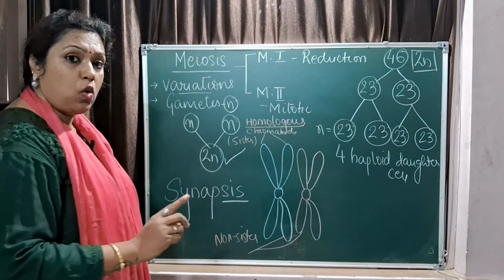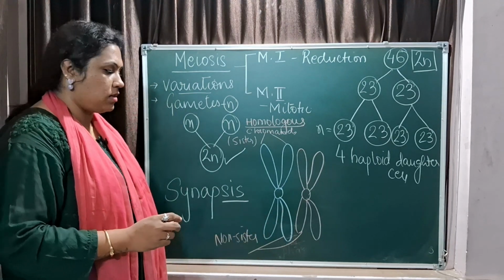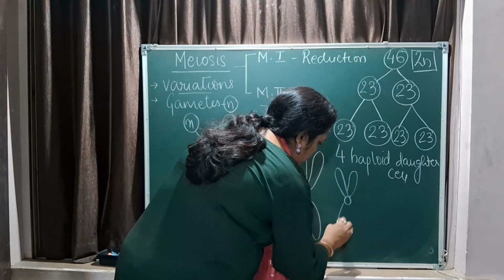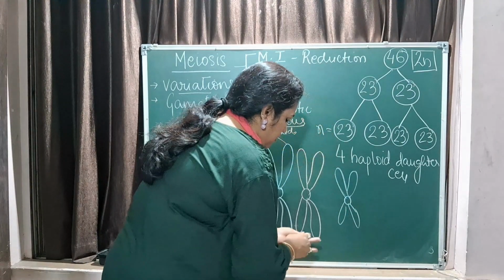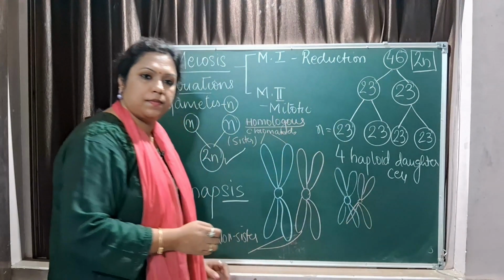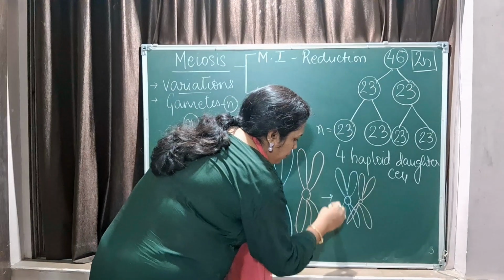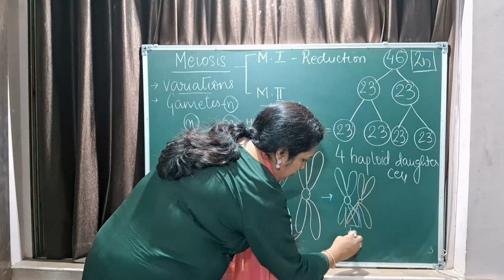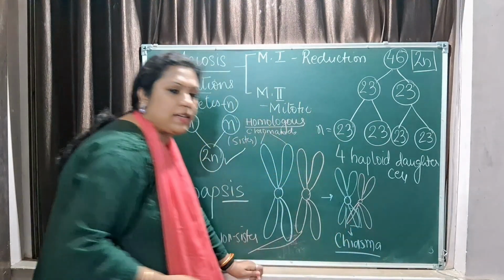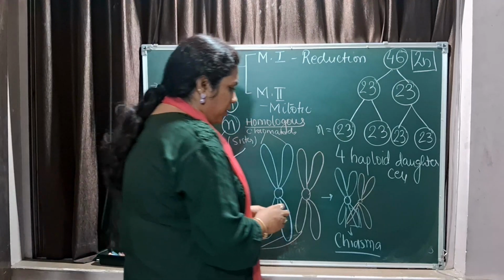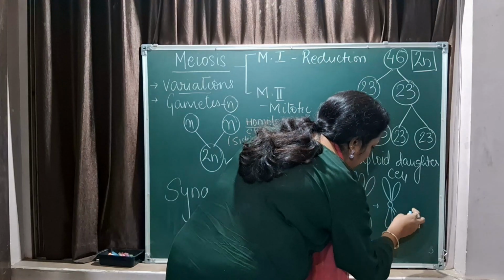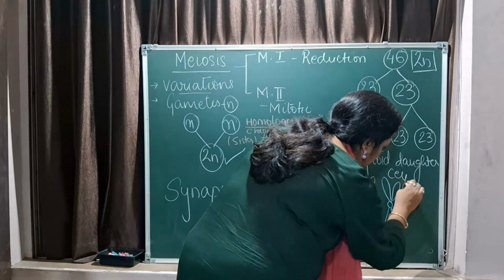Crossing over takes place between the non-sister chromatids. Now, what happens? You can see this chromosome and the other one will have an X-shaped formation. This X shape is called chiasma, and after the chiasma formation there is an exchange of genetic material.